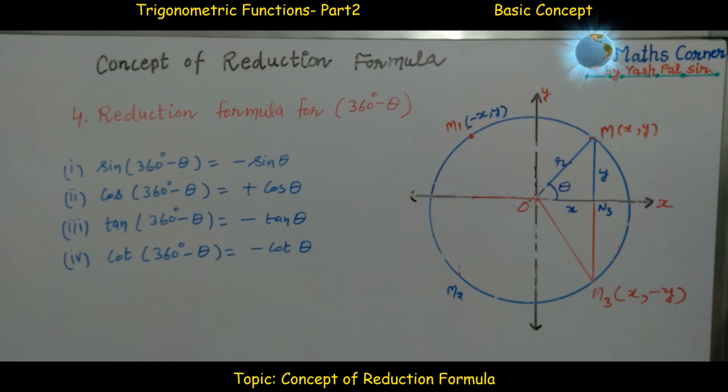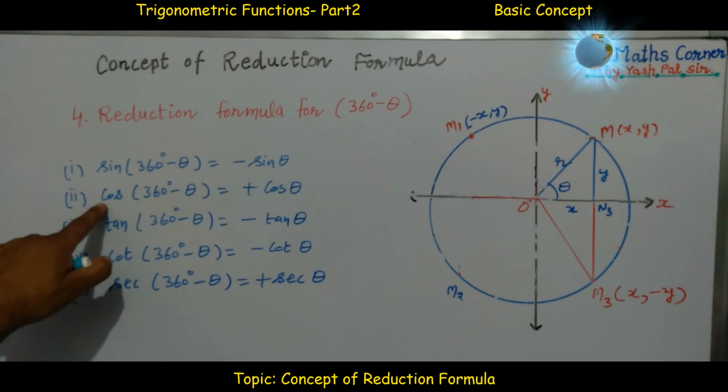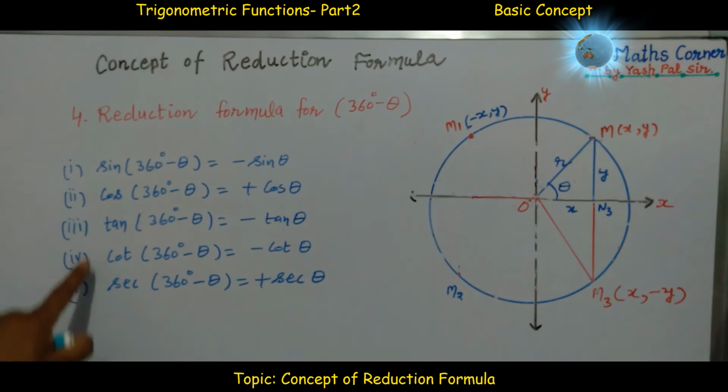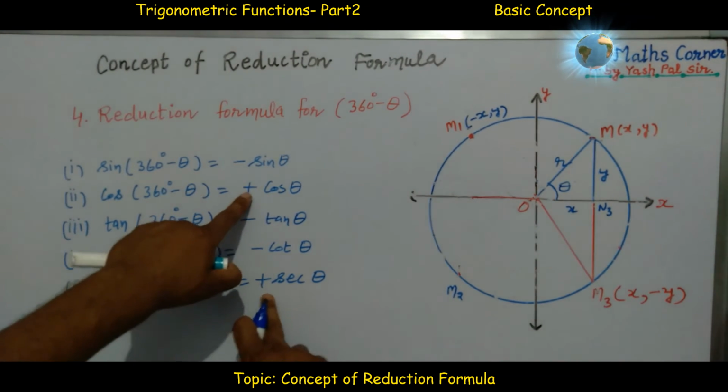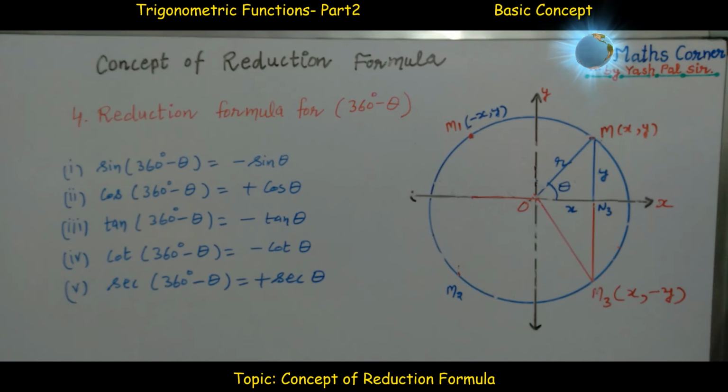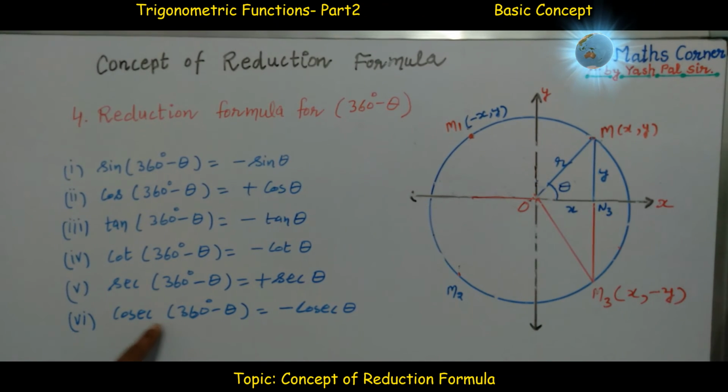Taking the reciprocal, cotangent of 360 degree minus theta is minus cotangent theta. Taking the reciprocal of cos, secant of 360 degree minus theta is plus secant theta. Similarly, cosecant of 360 degree minus theta is minus cosecant theta.